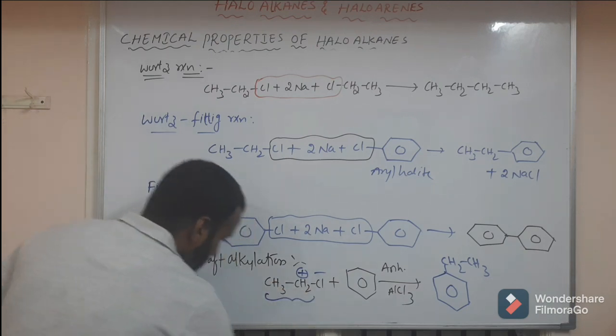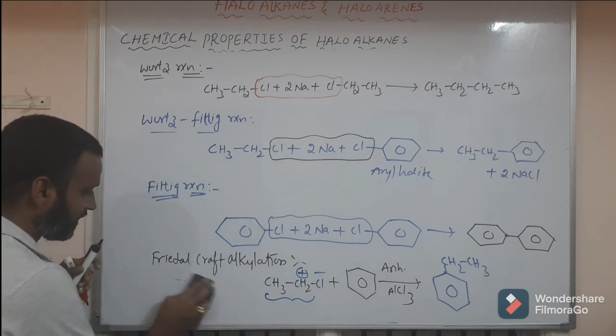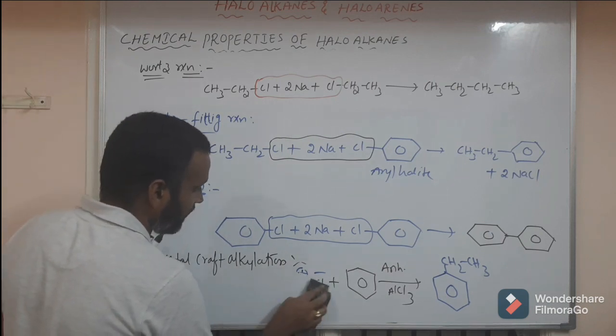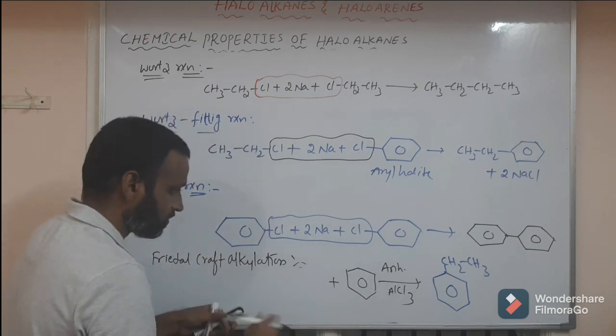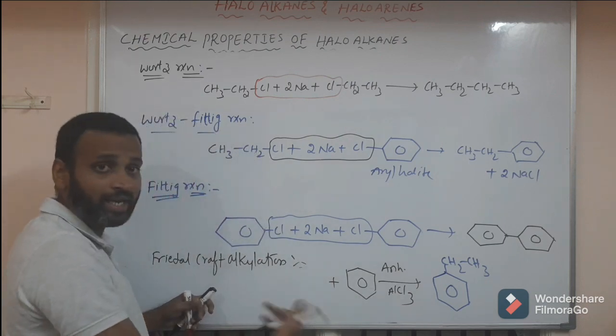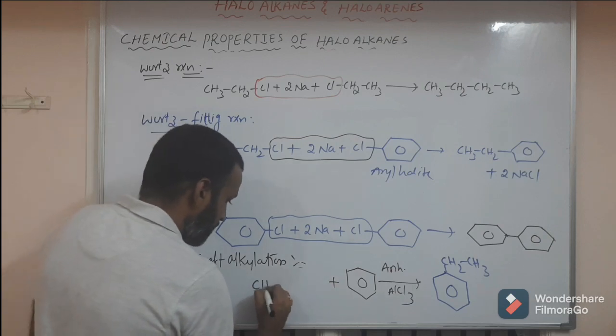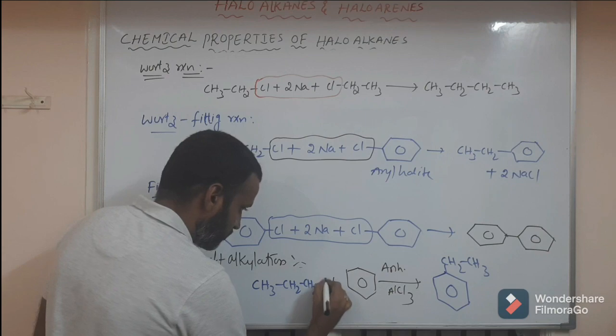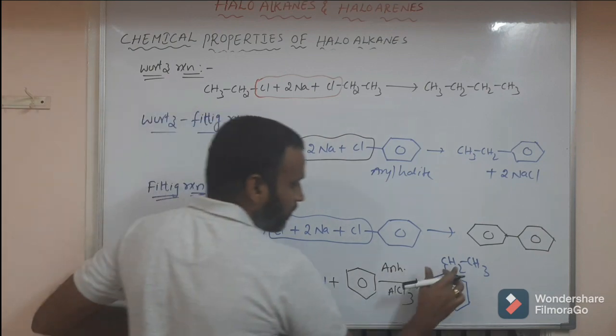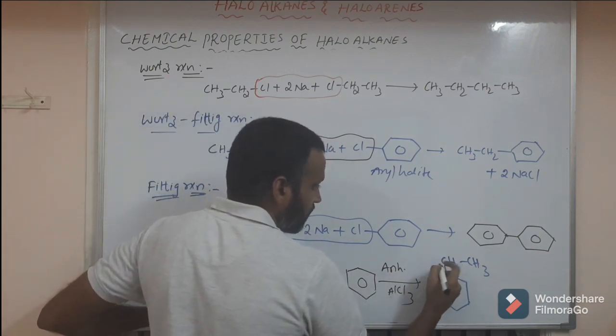But in the same reaction, if I take propyl chloride instead of this, CH3CH2CH2Cl with benzene, the product is this one.